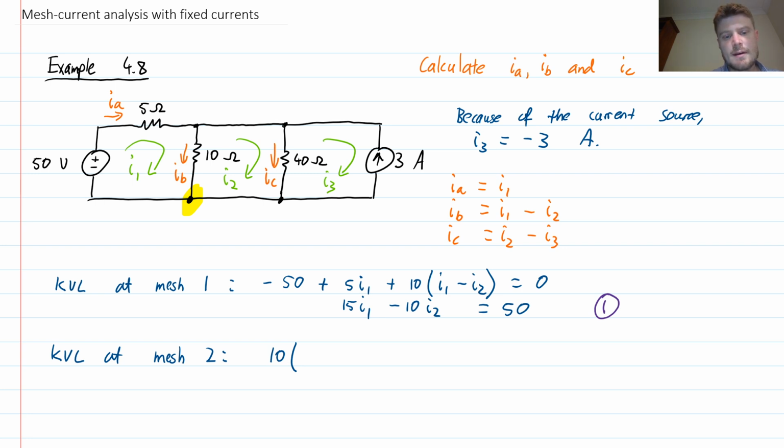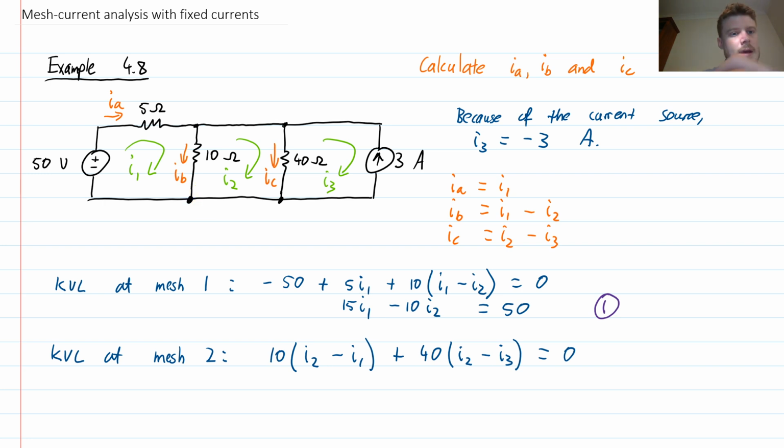Traveling in a clockwise direction, I will have positive I2 and negative I1 through that resistor. Then there's only one more component, which is the 40 ohm resistor. We have 40, and the currents through this one will be I2 and negative I3. Then we're back to our starting point, so that's equal to 0.